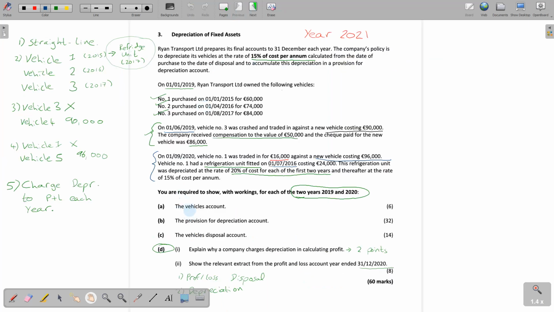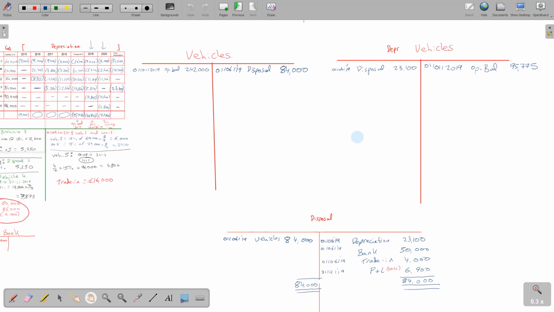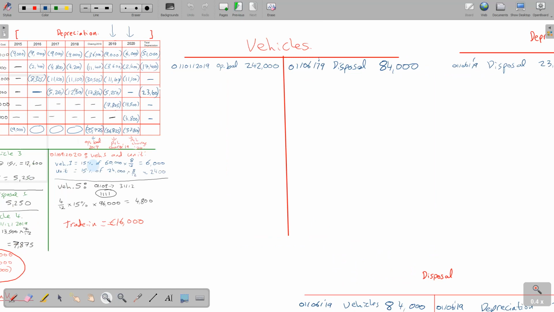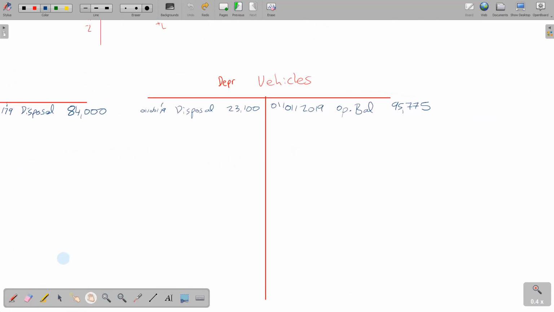We have to do the vehicles account, the provision for depreciation account, and disposal. Now, what are we forgetting? We can't finish off anything unless we add the P&L charge for 2019. So 36,825, at the end of the year.